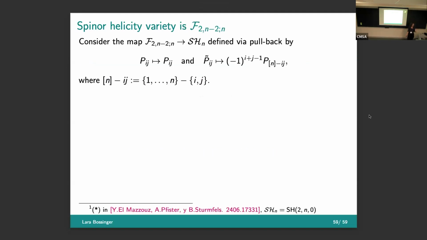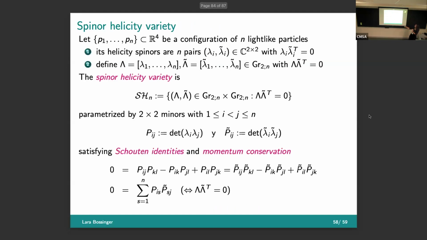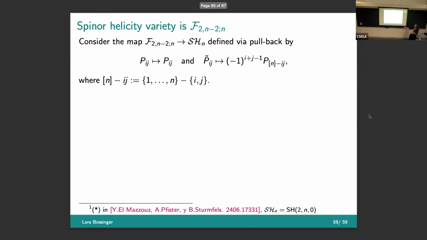And here I also have a map from a partial flag variety to the spinor helicity variety. What's the map? Well, the Plücker coordinates Pij, I just identify them with Plücker coordinates in the flag variety. And for the others, the Pij tildes, I pass to Plücker coordinates of opposite cardinality n-2, and there's a sign that I introduce.